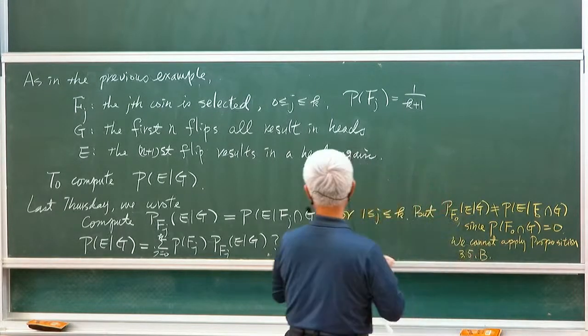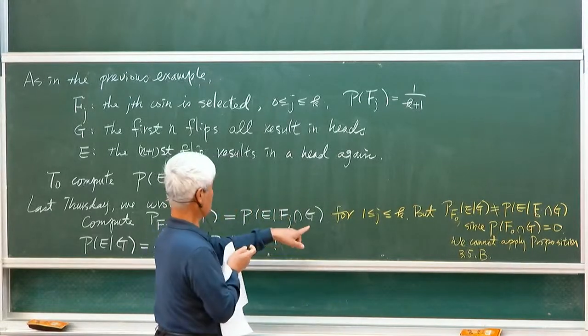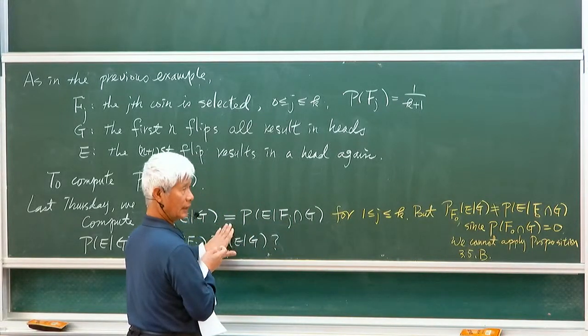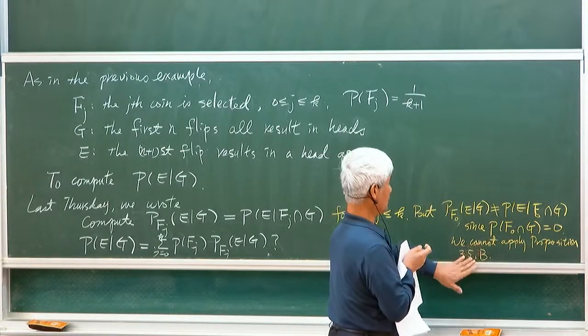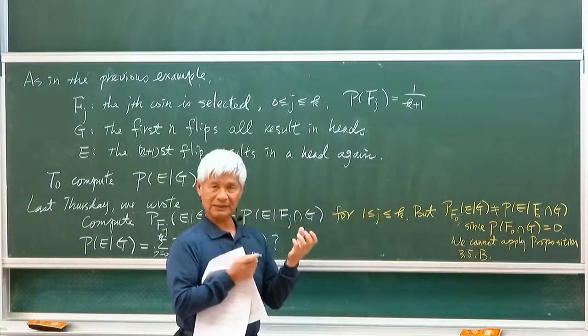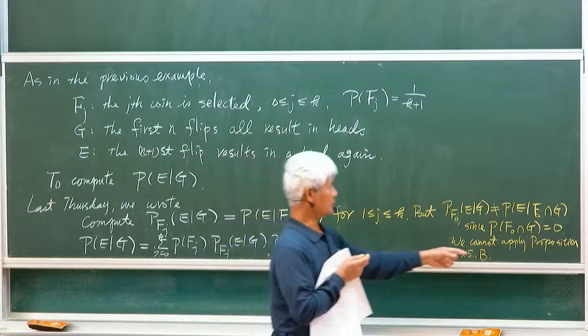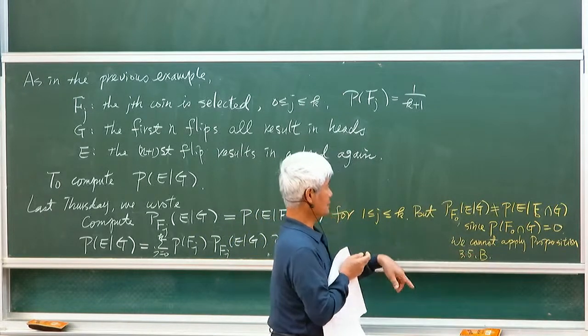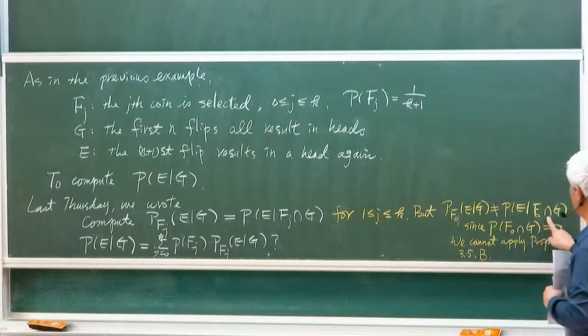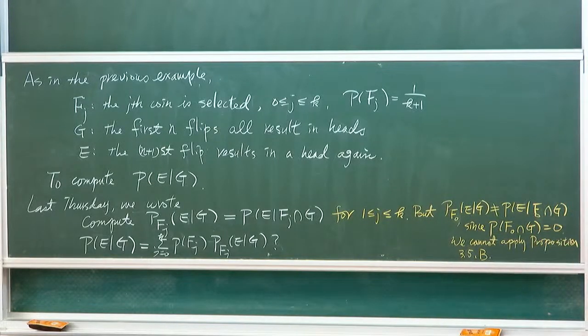Because this identity is by applying proposition 3.5.b. But the required condition for applying proposition 3.5.b is that this probability must be non-zero.